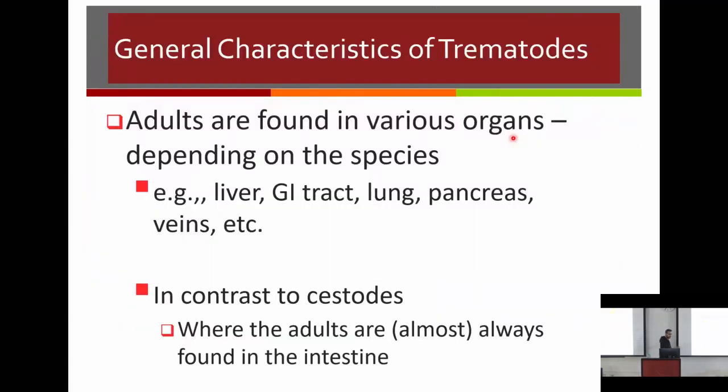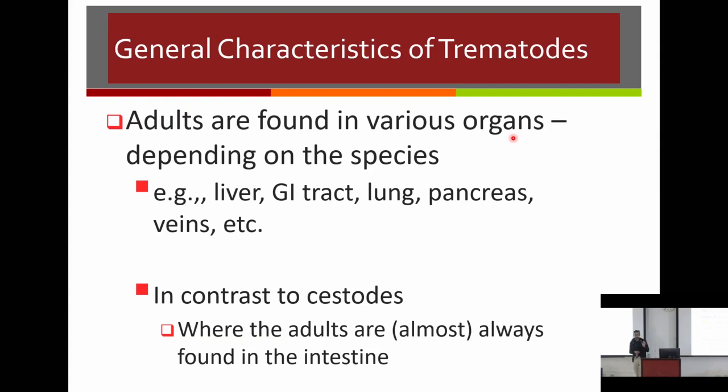Adults of this group of parasites are normally found in a number of different organs. Liver flukes are the most important ones. We will also talk about GI tract flukes, lungs, pancreas, and veins. Schistosoma is in the veins. On the other hand, we will cover the cestodes in the next lectures, where adults are always found in the intestine.